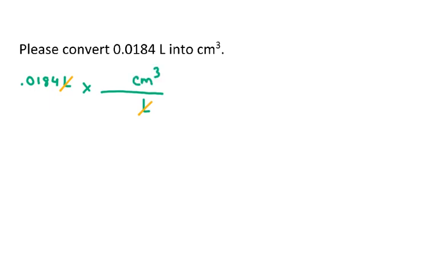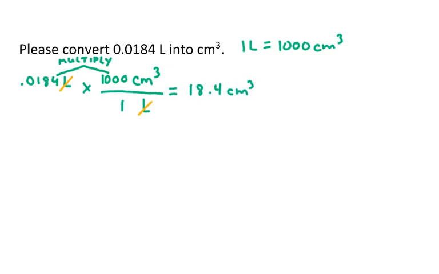We want to convert into centimeters cubed, so that unit goes in the numerator. And since 1 liter equals 1,000 centimeters cubed, we put those units into our conversion factor. We multiply 0.0184 by 1,000 because those are both in the numerator. We get 18.4 centimeters cubed as our final answer.